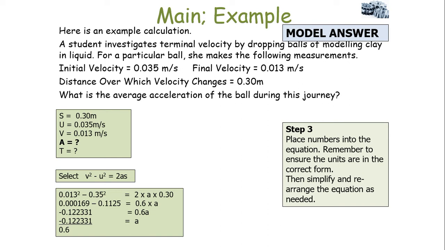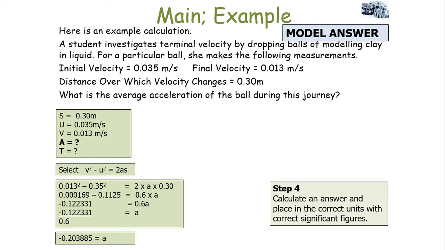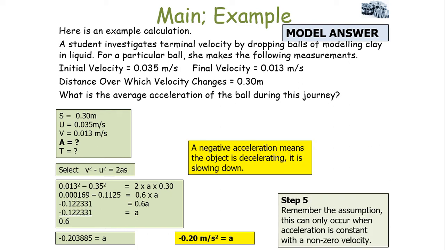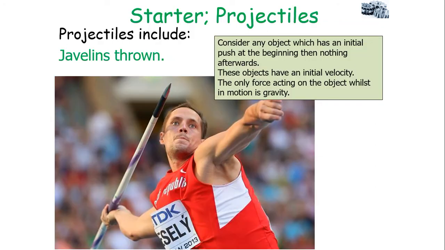You simplify each side. You collect the terms together. So you find out eventually that a equals minus 0.122331 over 0.6. You then work out what a is, and then you put the values in with the correct units and the correct significant figures: a equals minus 0.20 meters per second squared, which means the object is decelerating because it's a negative value.